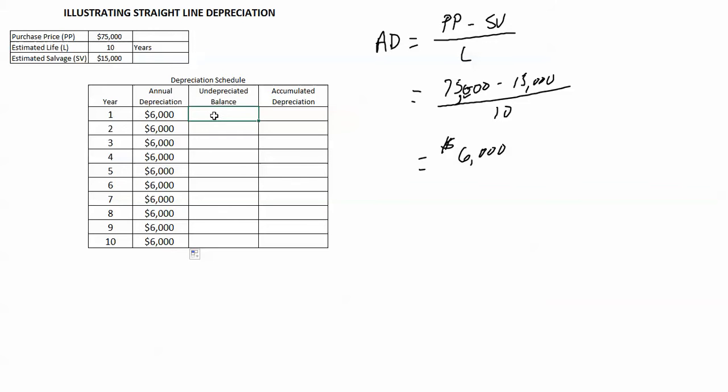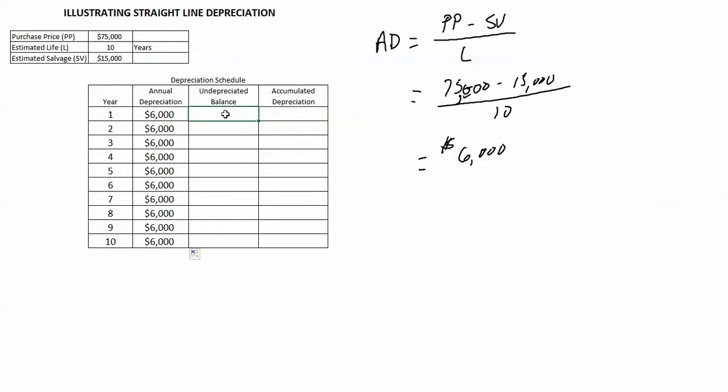Now the undepreciated balance, you've got to be careful here because many times users of straight line depreciation will take the purchase price minus the salvage and then start subtracting depreciation. That's incorrect. You actually start this undepreciated balance with the original purchase price minus how much depreciation you took the first year.